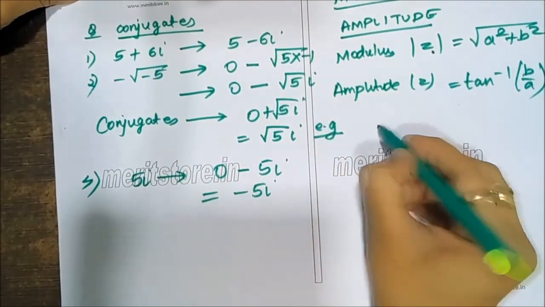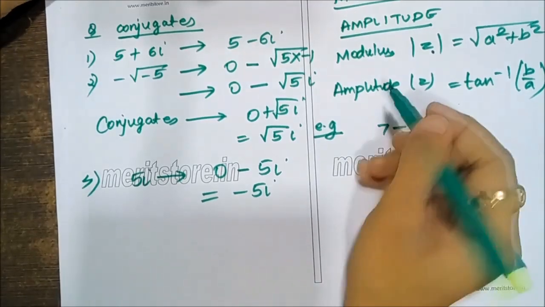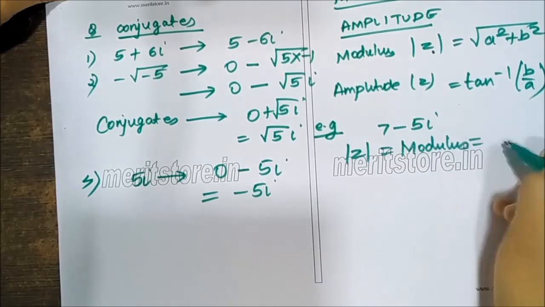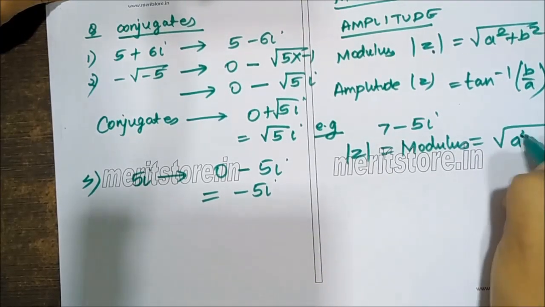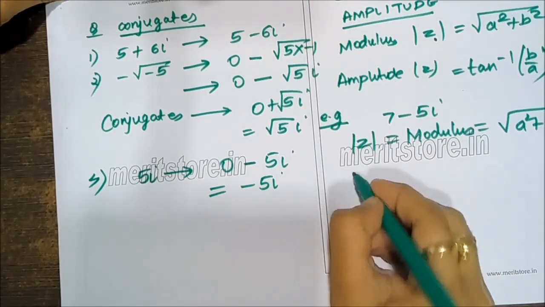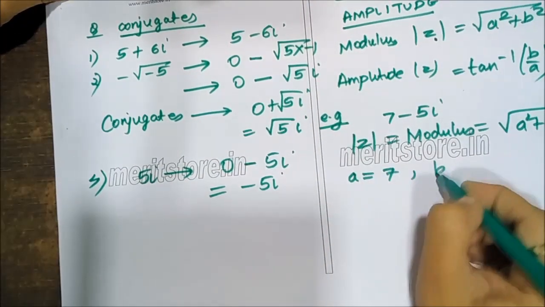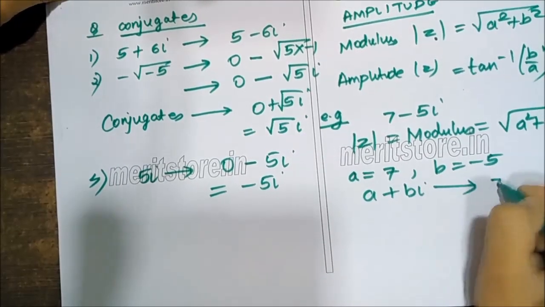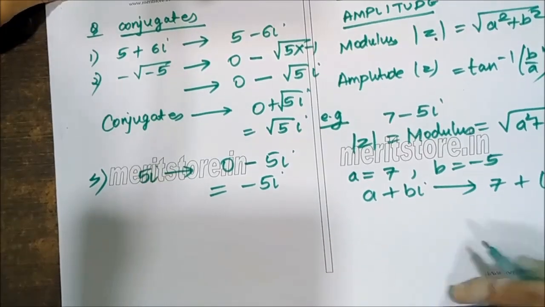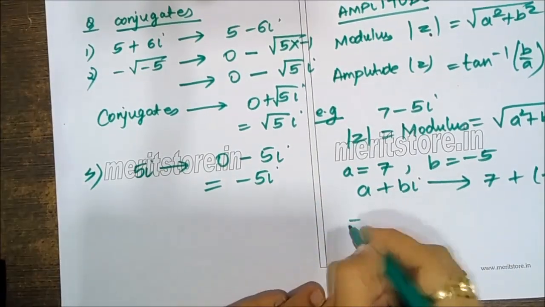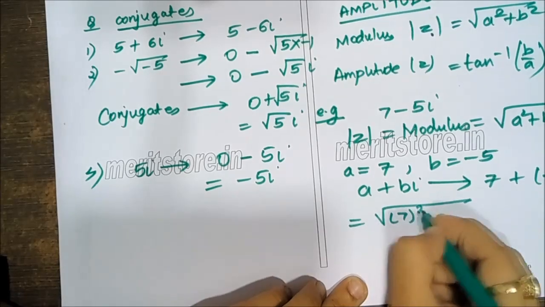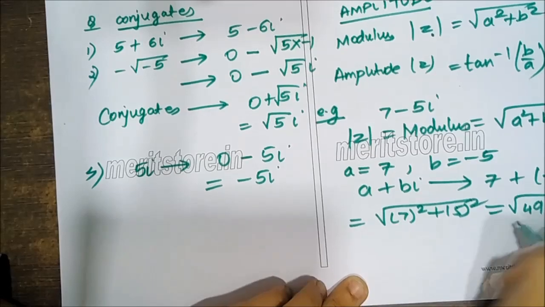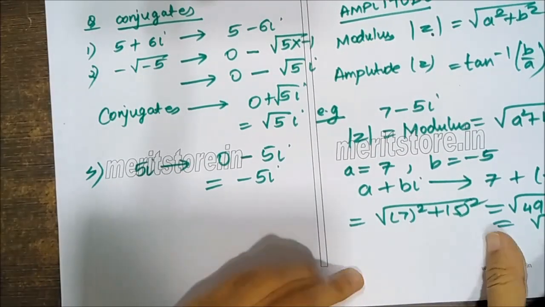Example, let's say I am taking 7 minus 5i. Modulus of z would be root of a square plus b square. Here in this, a is equal to 7 and b is equal to minus 5, because this is in the form of a plus bi, and you are splitting this as 7 plus minus 5i. So 7 the whole square plus 5 the whole square, that is 49 plus 25, that is root of 74.